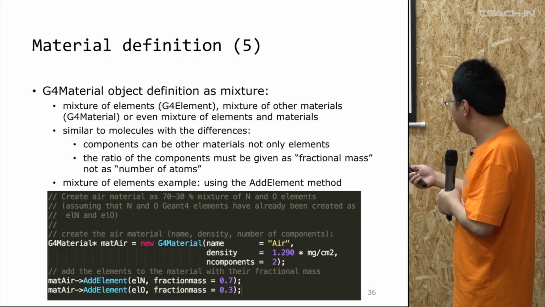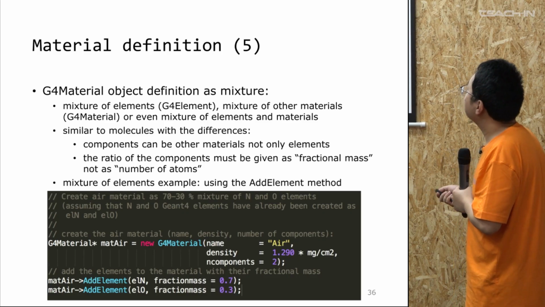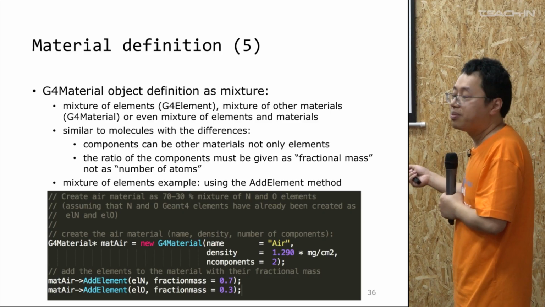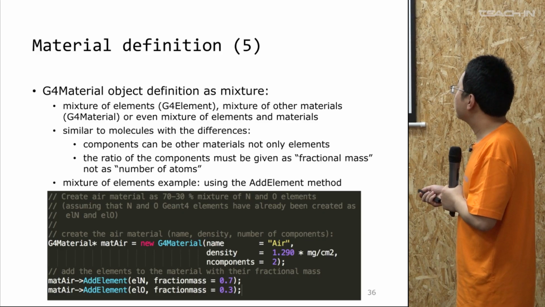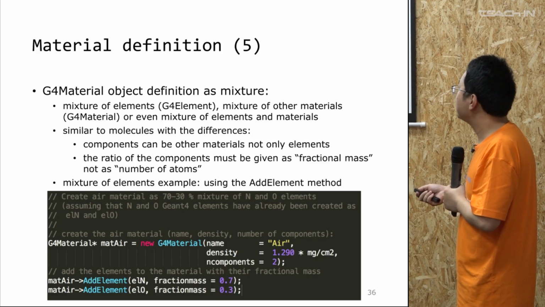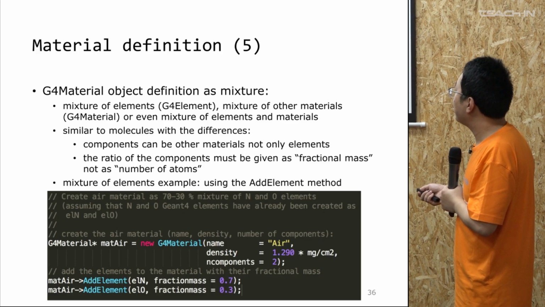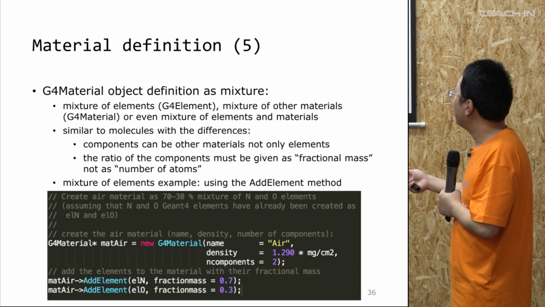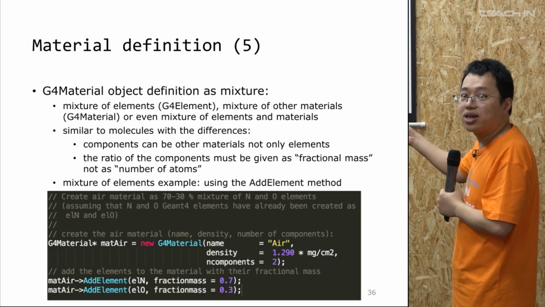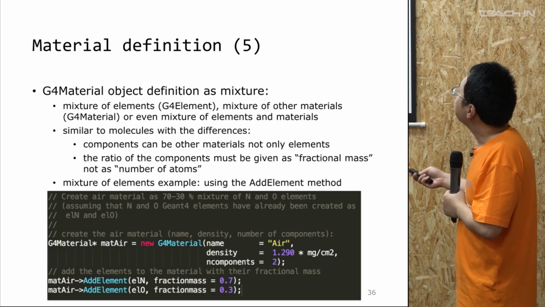Here is also an example of a mixture. For example, our L contains different components, and this example just shows you how to construct it. For the details you can look at my slides.